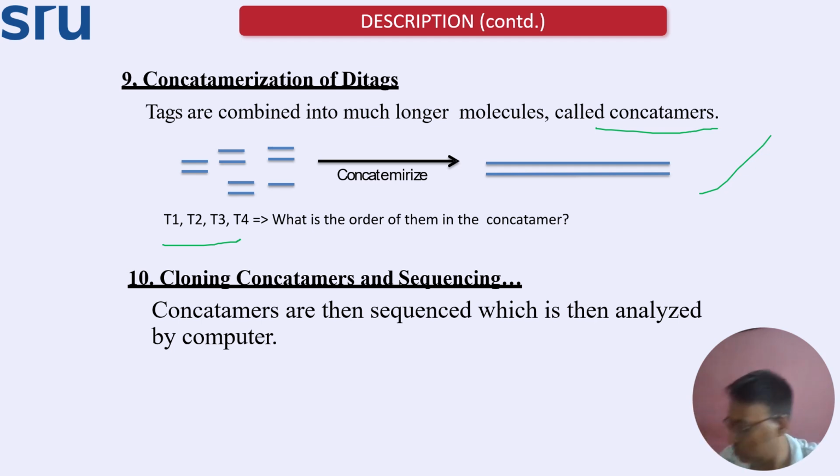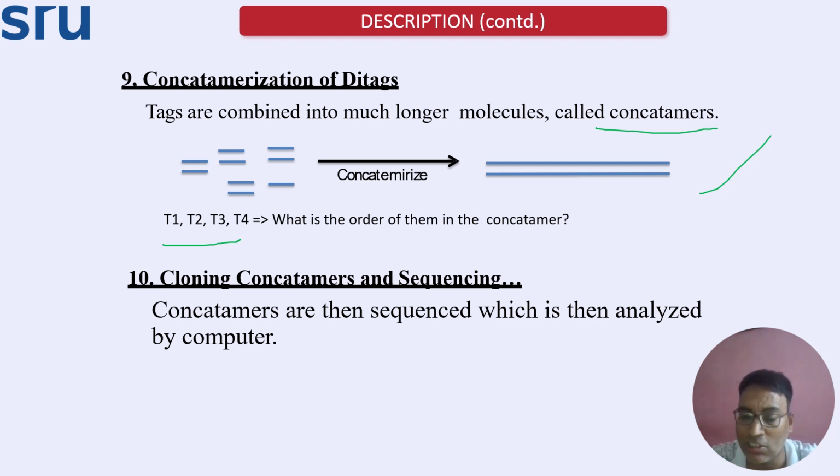So 4 into 3. The moment I go to the third place, I can then put in 2. The moment I go to the fourth part, I'm only left with one tag. So 4 into 3 into 2 into 1. Like this gives me 24. So there are 24 possible concatemers which can be generated by using the 4 tags.